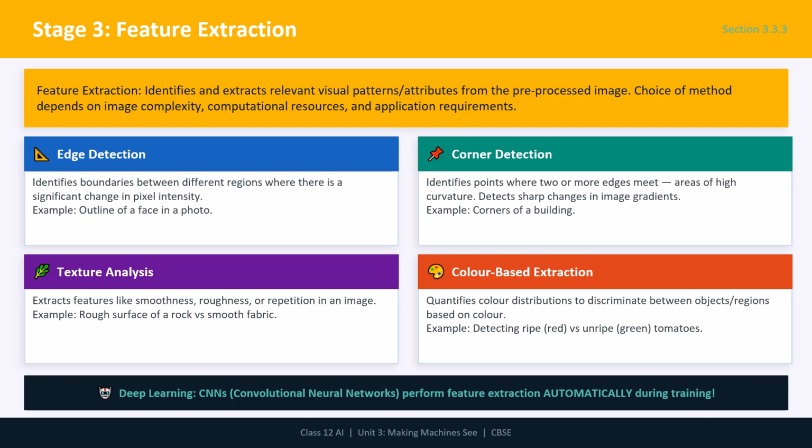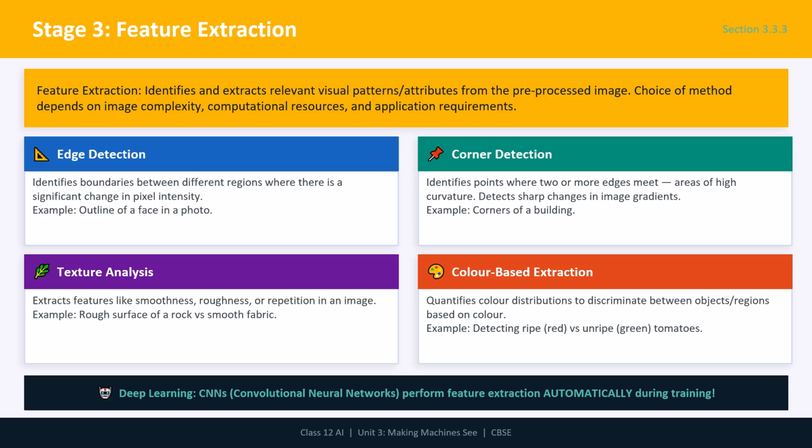Color-based feature extraction quantifies color distributions to distinguish between objects. Classic example, detecting ripe versus unripe tomatoes, or you can say detecting red versus green tomatoes in a food processing factory.